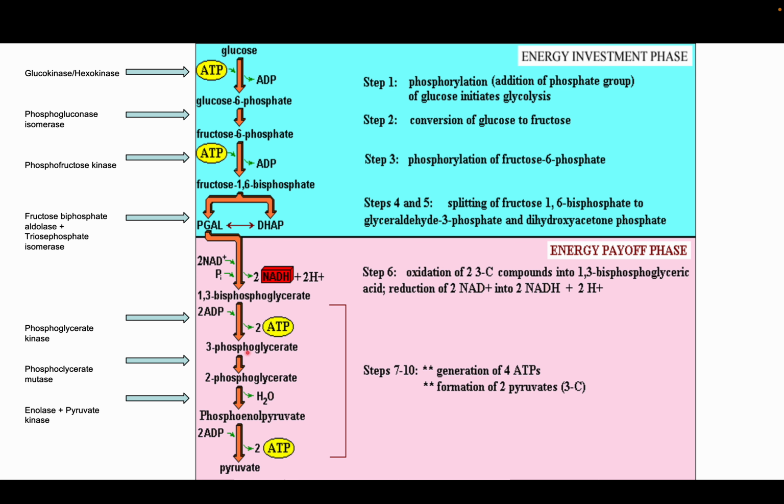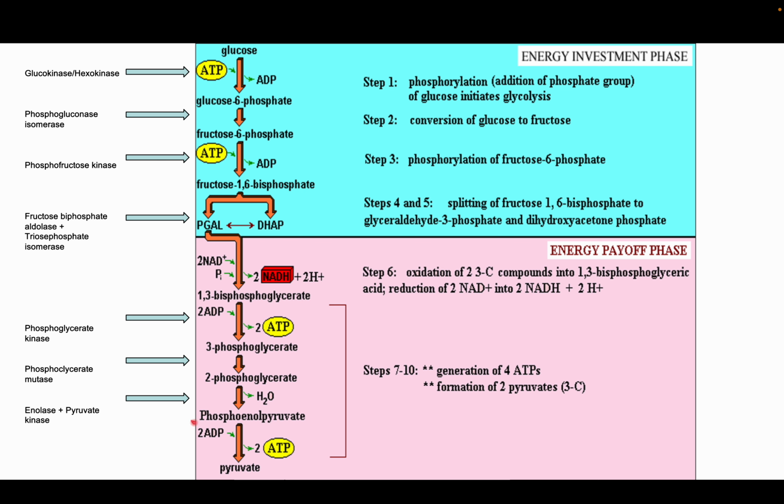Then lastly, we have 2-phosphoglycerate converted to phosphoenol pyruvate via the action of enolase, and ultimately, this phosphoenol pyruvate is transformed to pyruvate molecules after it is dephosphorylated via the action of pyruvate kinase.